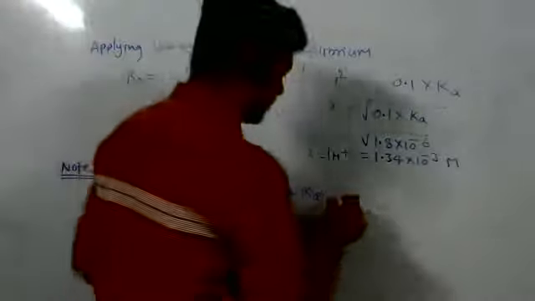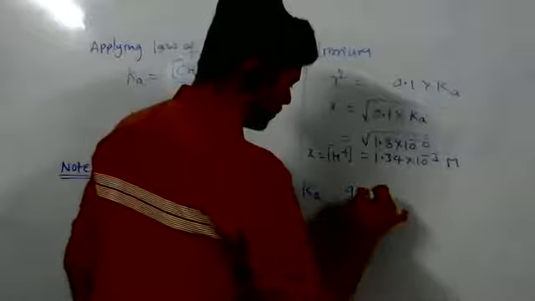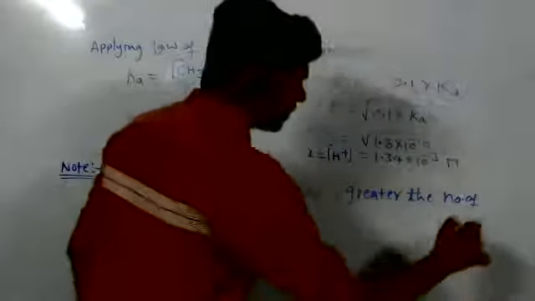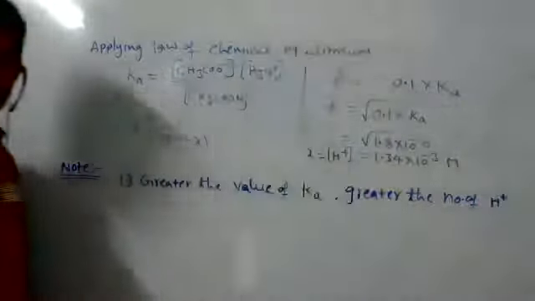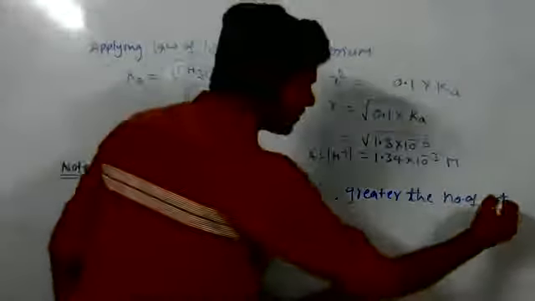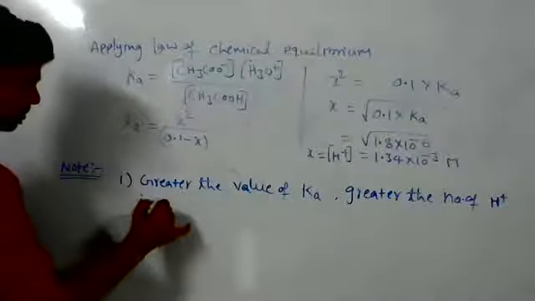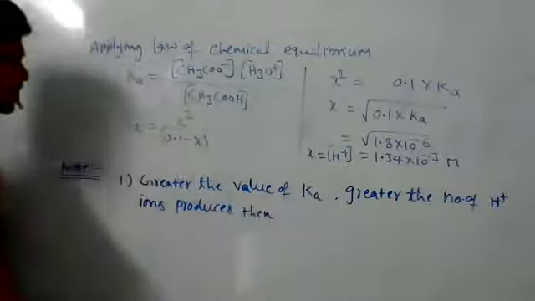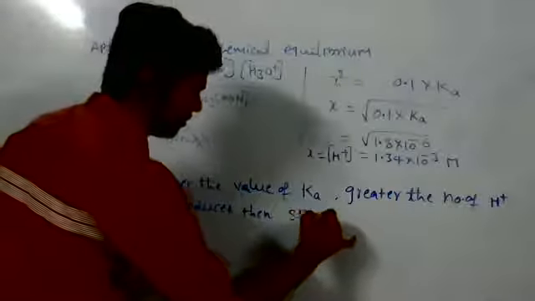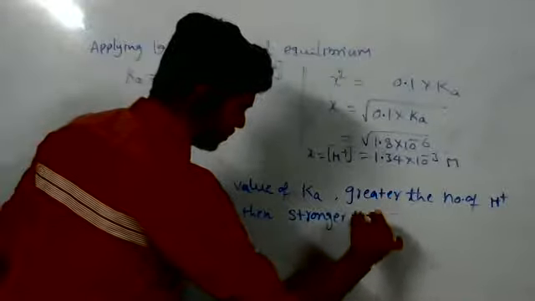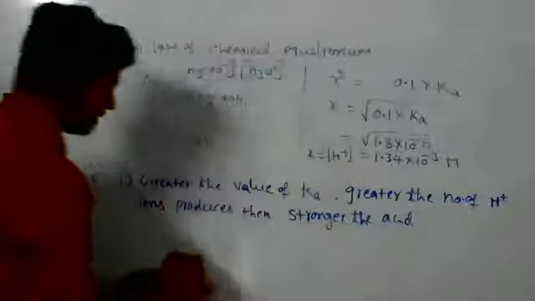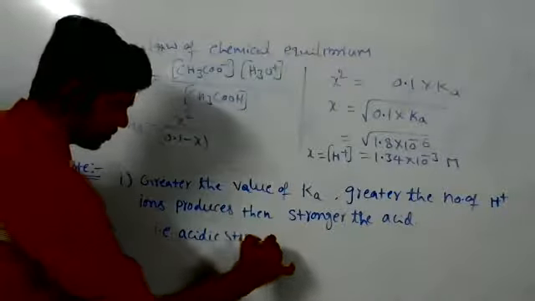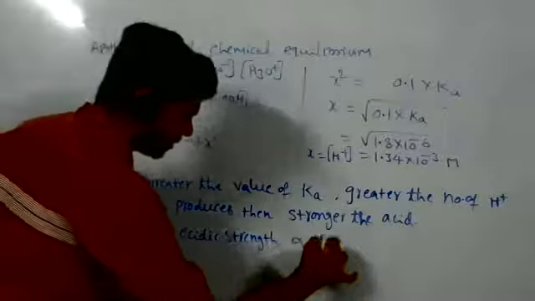Then the stronger the acid. So acidic strength is directly proportional to the Ka value.